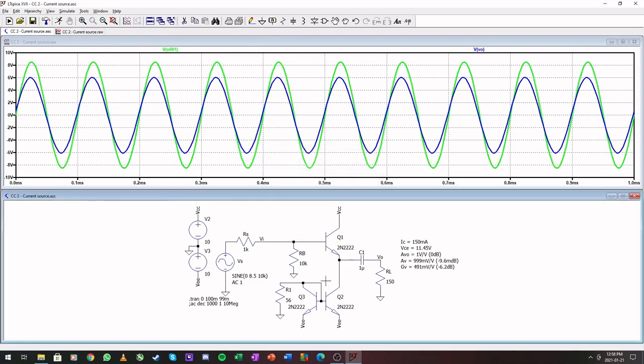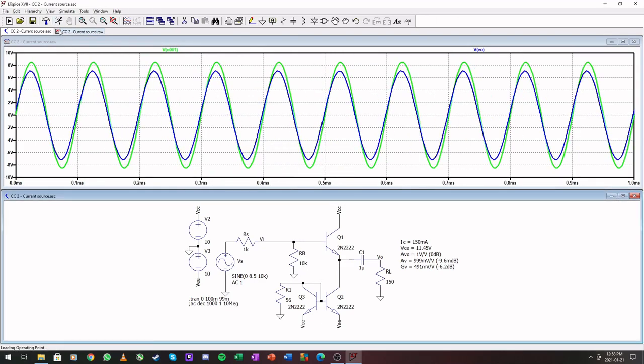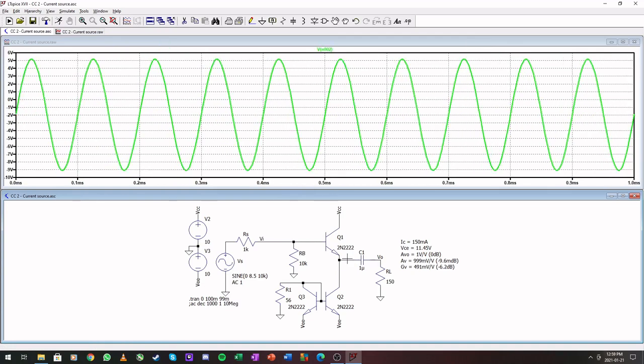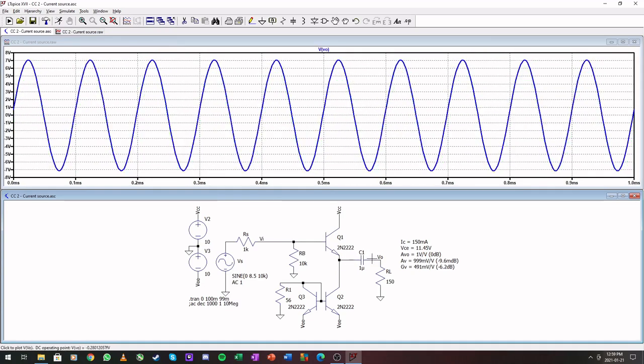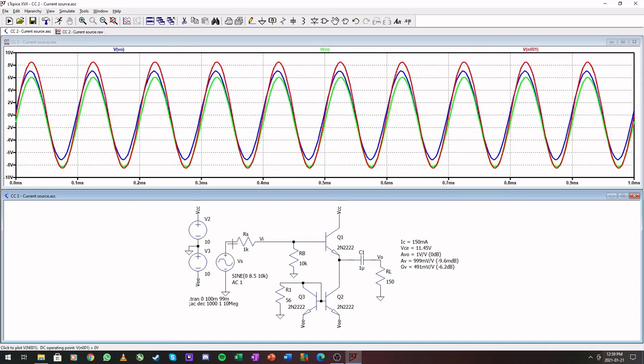Let's go just with 10K. Okay, the risk is always that not enough current is going to get into the BJT up here. So we will see the saturation soon. Let's go 15K.